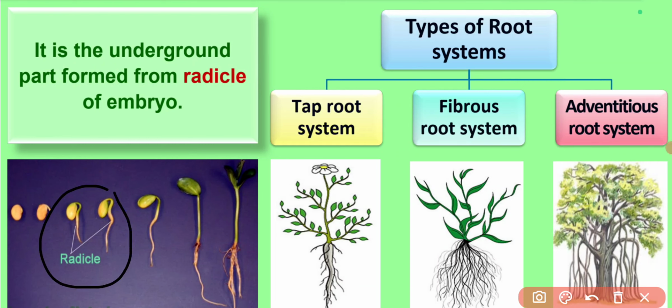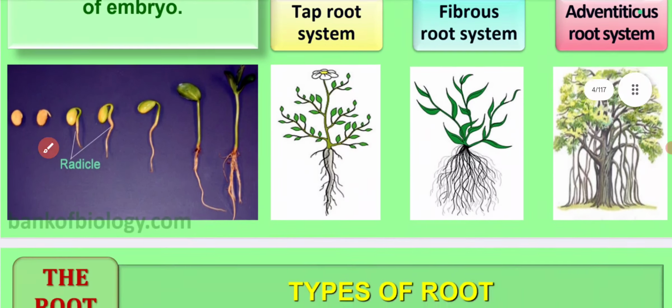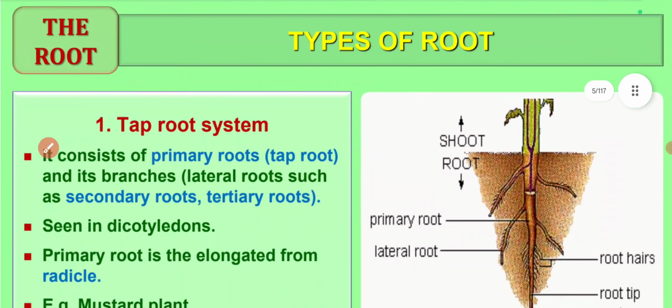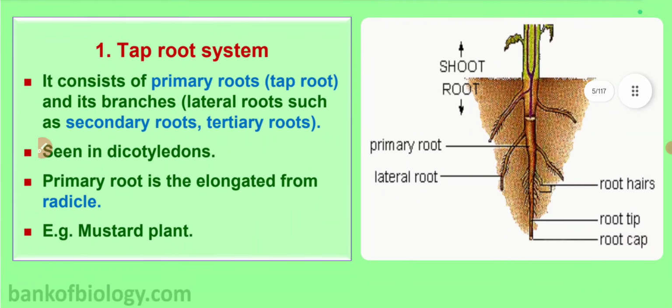There are three different types of root systems: tap root system, fibrous root system and adventitious root system. Let's start with the first one, tap root system. It consists of the primary root or tap root and its branches, lateral roots such as secondary root and tertiary root.